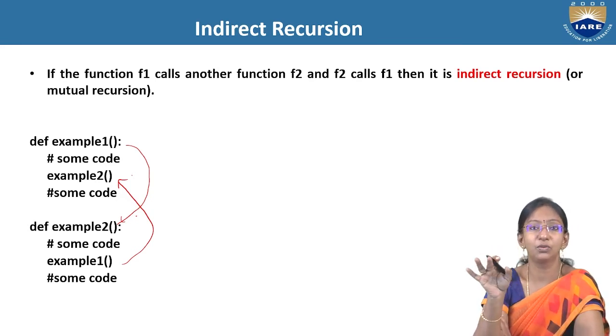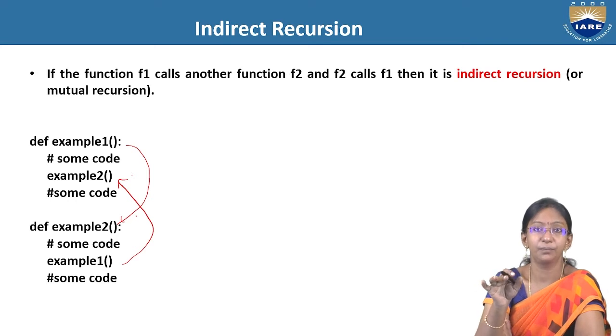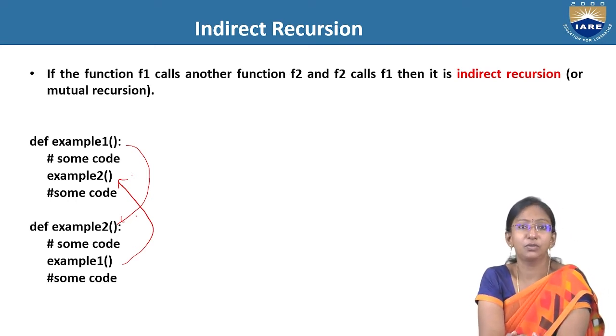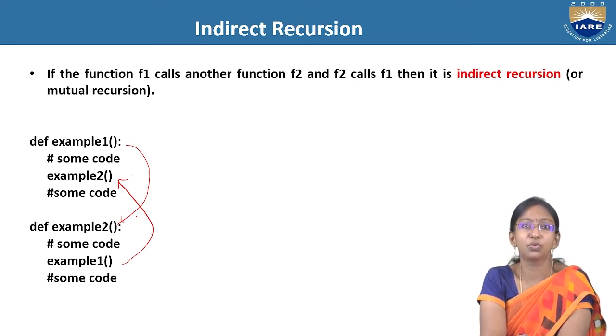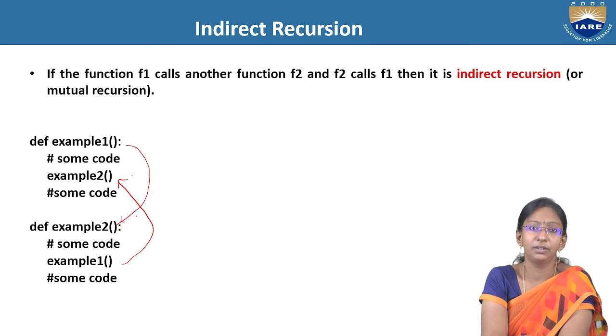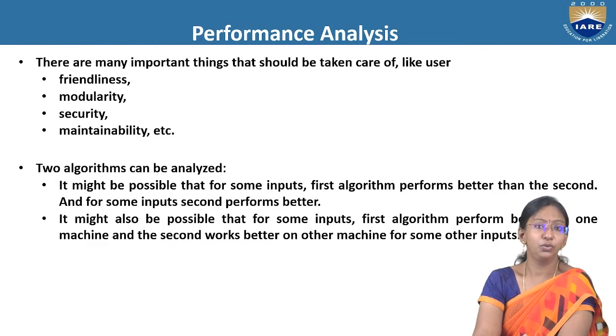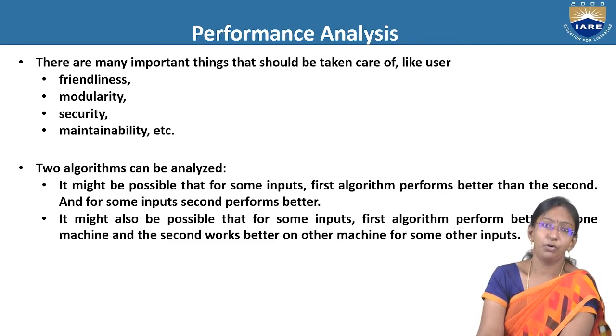So this is known as indirect recursion. Have a look at this example once again. Example 1 is calling example 2, whereas example 2 is calling example 1, right? This is indirect recursion.